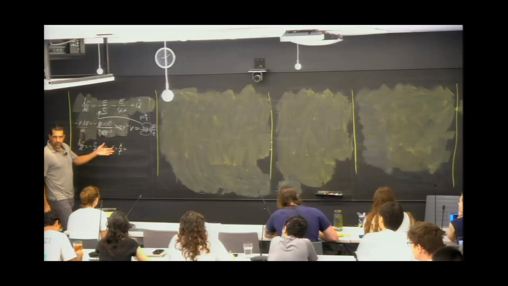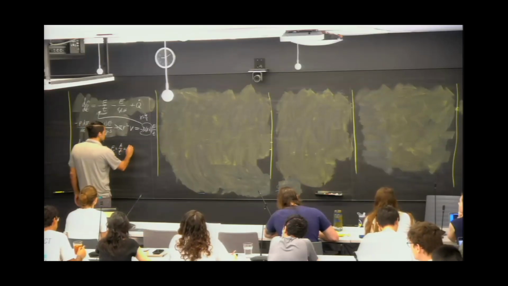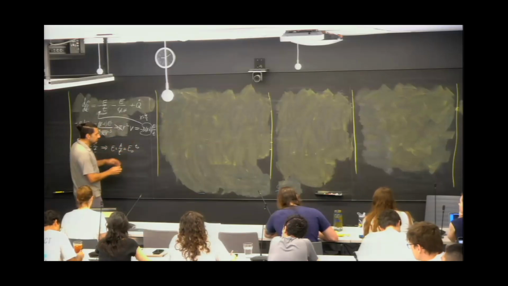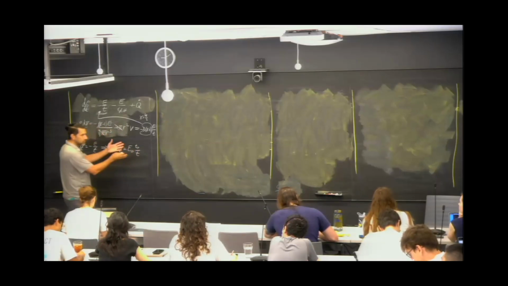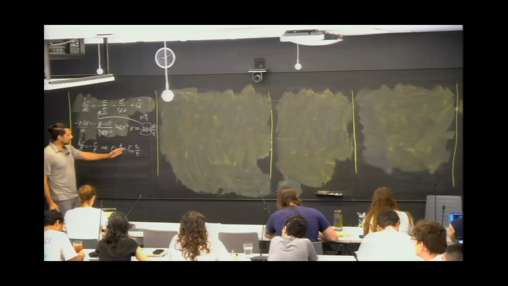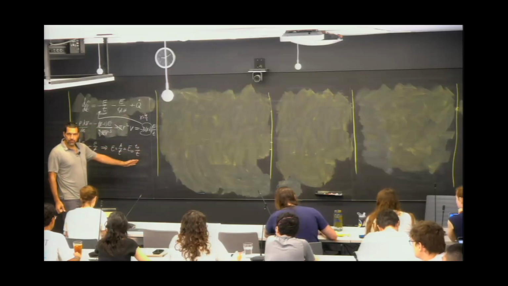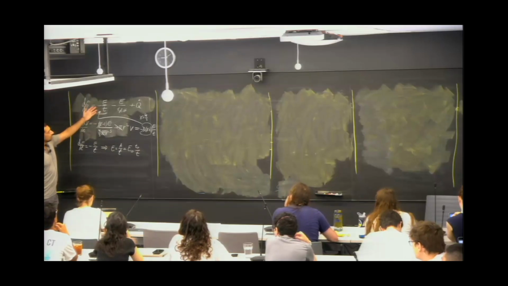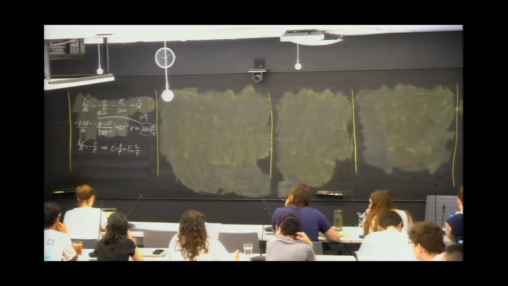And just for units, it's good to call this constant E naught times t naught. So there's only one constant, but it's nice to break it this way. So the units look okay. So there is some initial energy at some initial time, and it decays from that on as 1/t. This is the meaning of this equation.